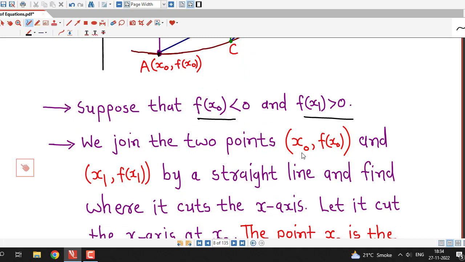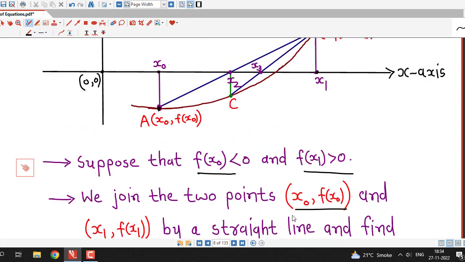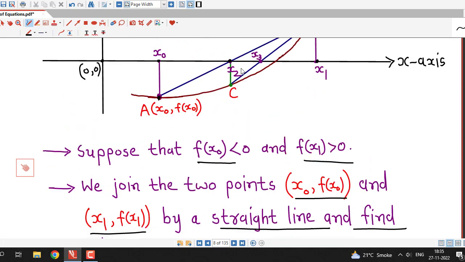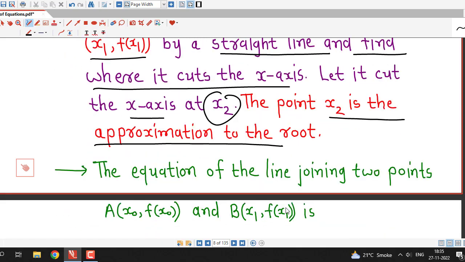We join the 2 points (x0, f(x0)) and (x1, f(x1)) by a straight line and find where it cuts the x-axis. That is, we find this point where the line cuts the x-axis. Suppose the line intersects the x-axis at point x2, then the point x2 is the approximation to the root.